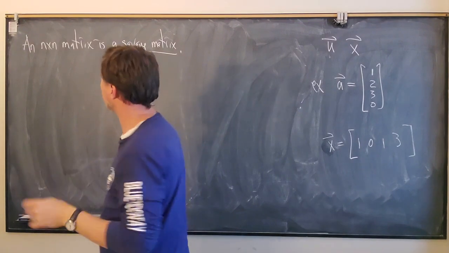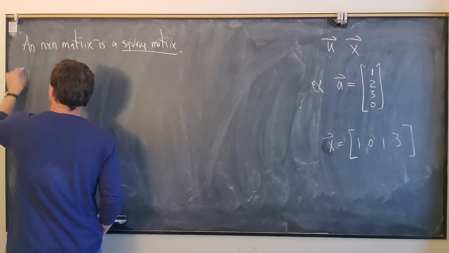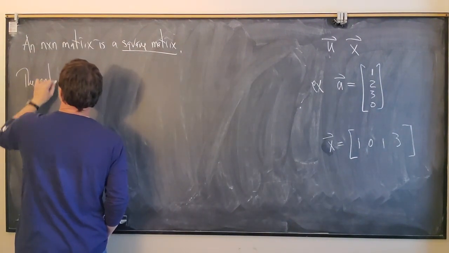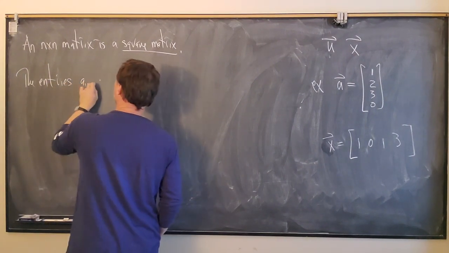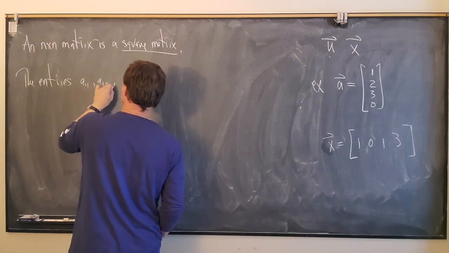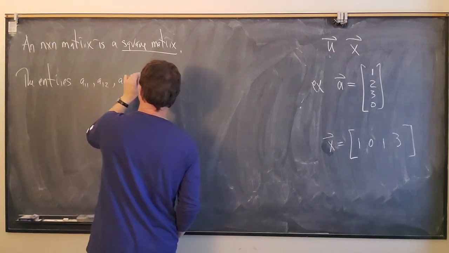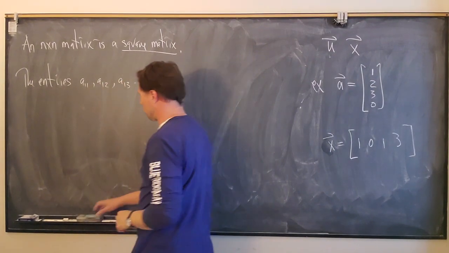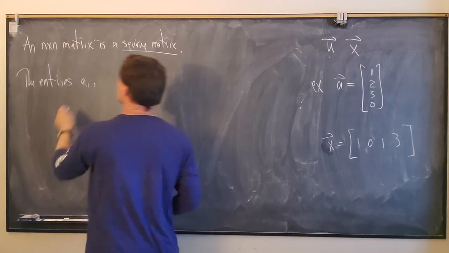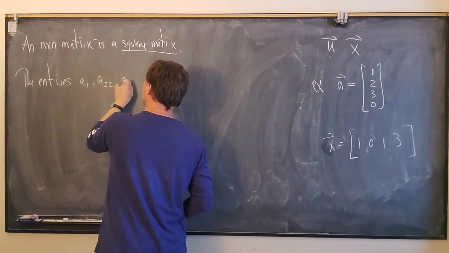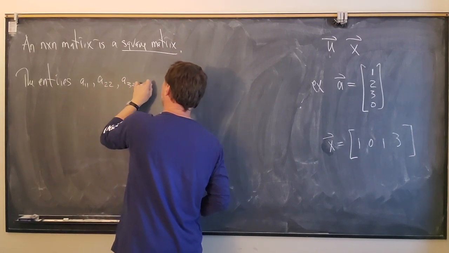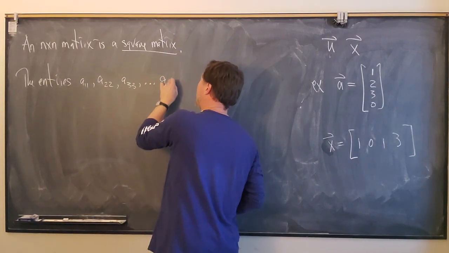What else? Oh, the entries a sub 1 1, a sub 2 2, a sub 3 3, dot dot dot up through a sub n n.